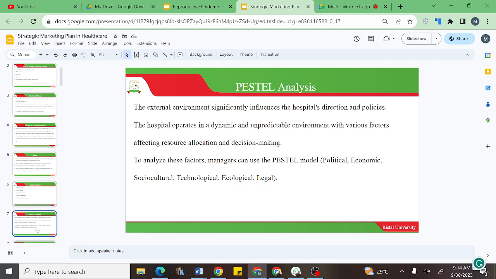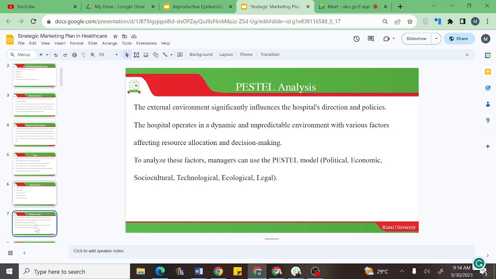which is basically a model that can be used to understand the external environment in which the hospital is working in. And then after understanding all this external environment, you can now decide on what strategies the hospital can implement. Okay, so the hospital does not operate in isolation.